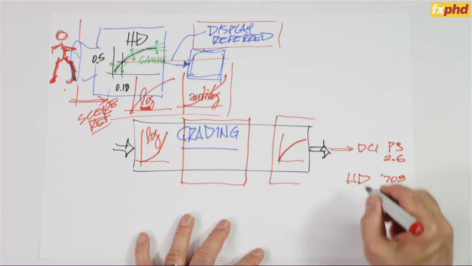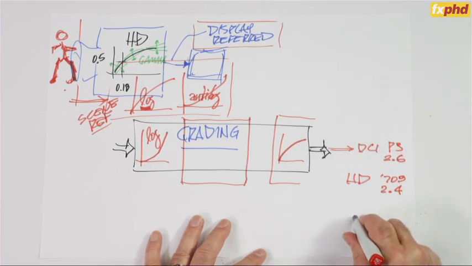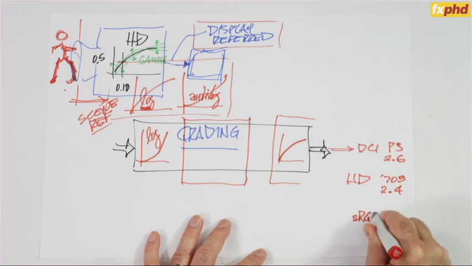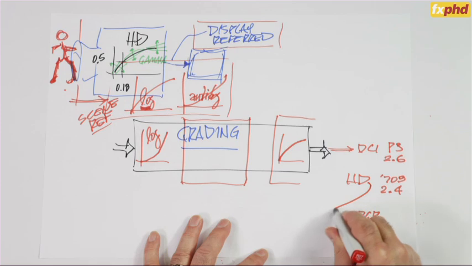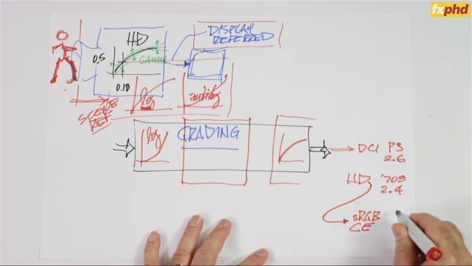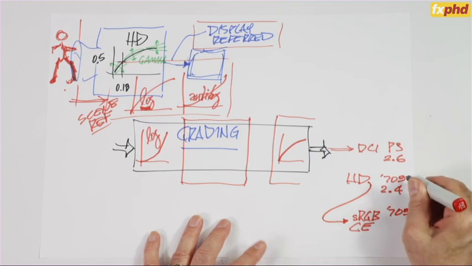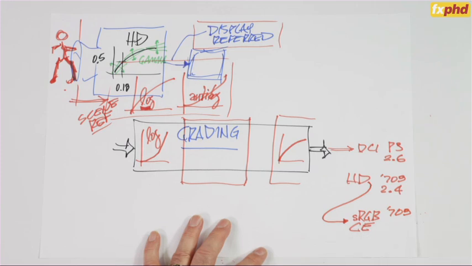And, well, you know, we can also distribute out to sRGB or to consumer electronics, but really what we do in that case is just take the HD signal and interpret it with 709 color gamut, the same as the standard, but now interpret with 2.2 gamma, because the viewing conditions and the display conditions are different.